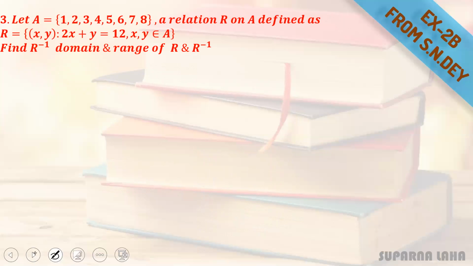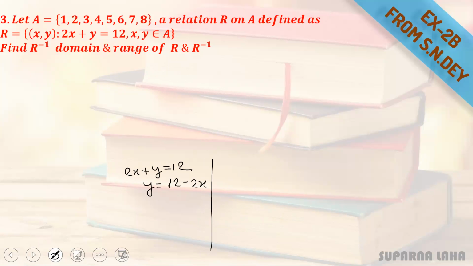x and y both belong to where? In the set A. Then you need to find R inverse and the domain and range for R and R inverse. You need to find first R, then you will find this R inverse. So write down the condition, that is 2x plus y is equal to 12. So y is what? 12 minus 2x.